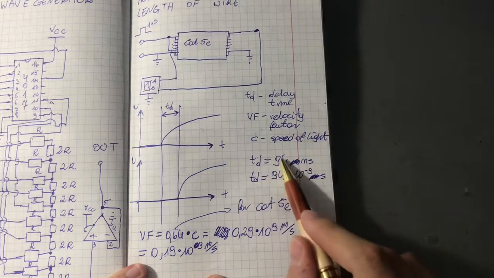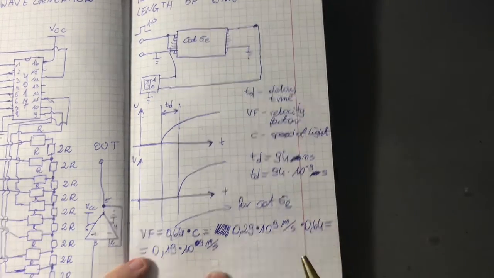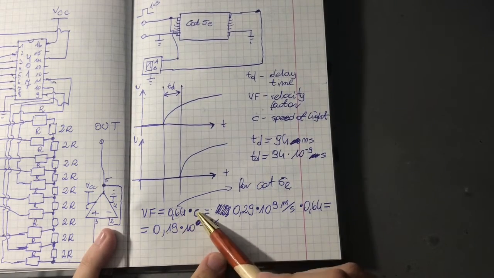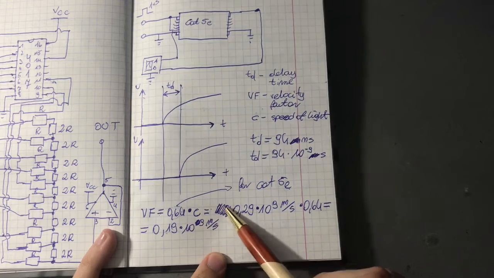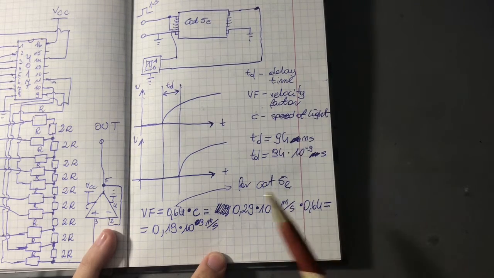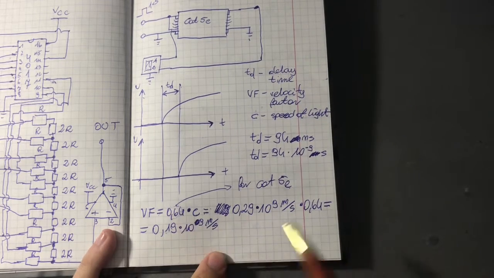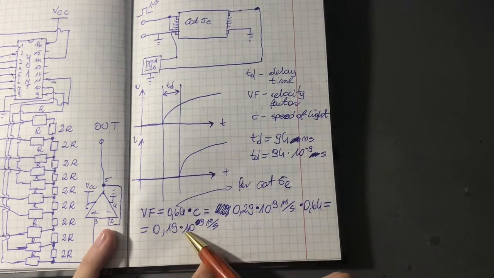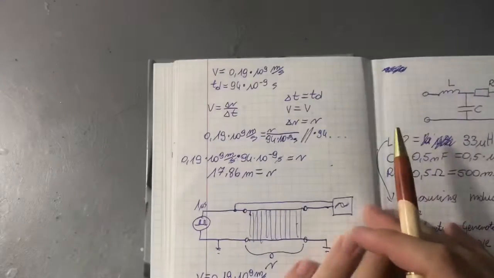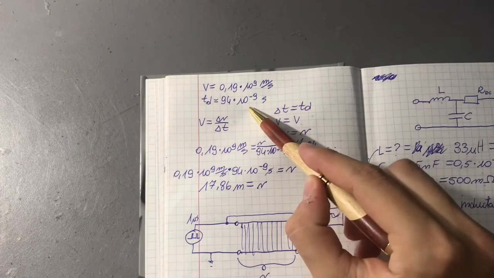The time delay is 94 nanoseconds, which is 94 times 10 to the minus 9 of a second. Here we have the velocity factor, which is 0.64 times c, which is equal to 0.19 times 10 to the 9th meters a second. So we know our velocity and we know our difference in time.